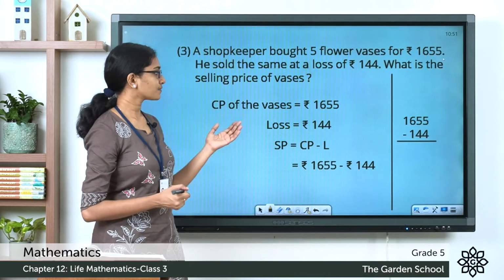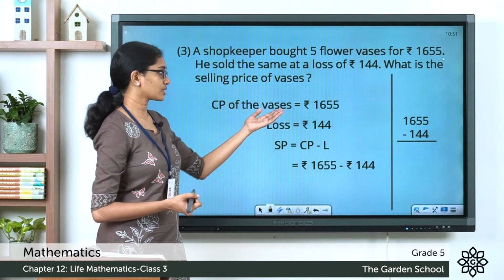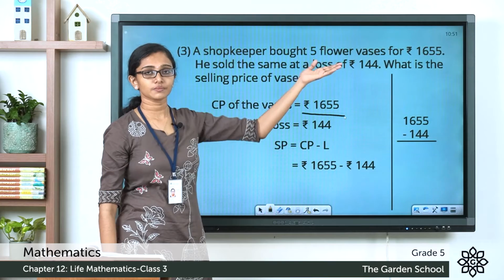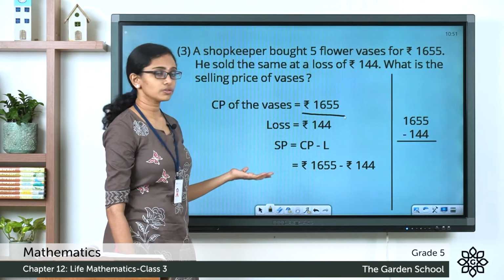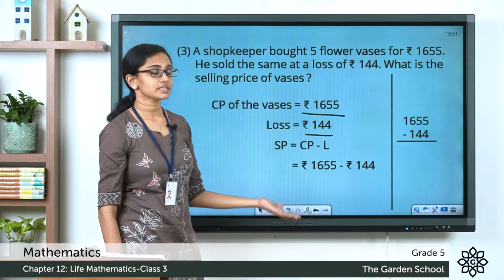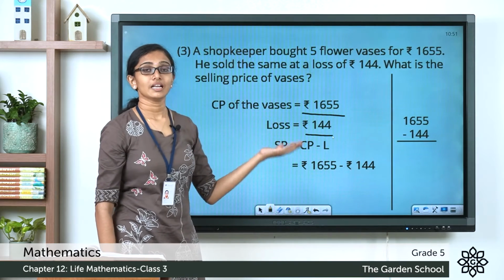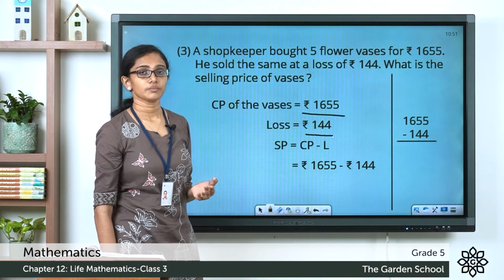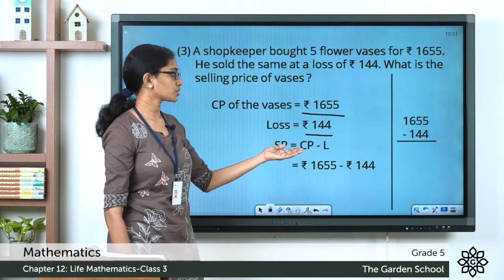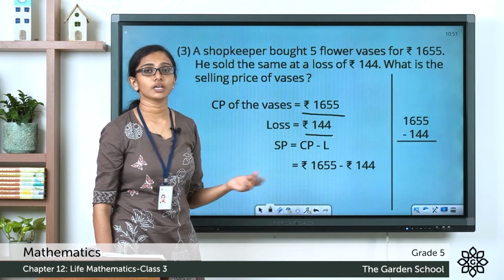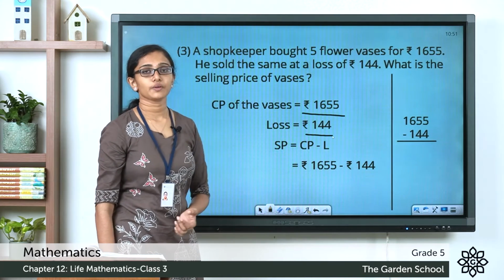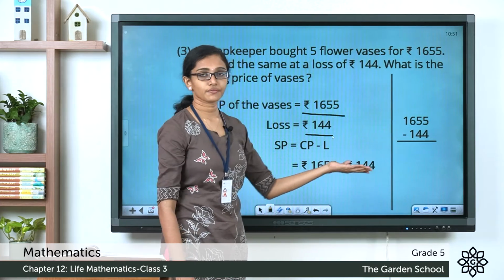Now let's see the steps and make it more clear. Cost price of the flower vases is equal to rupees 1,655 as mentioned in the question. Now the loss is given as 144 rupees. Now the selling price will be less than the cost price because it's a loss here. So the selling price will be equal to the cost price minus the loss, and that is equal to 1,655 rupees minus 144 rupees.